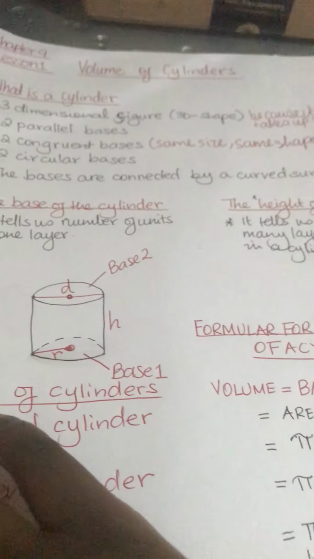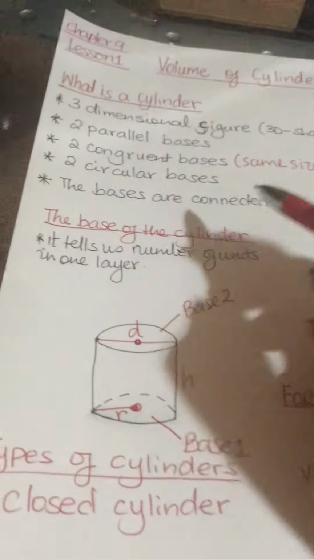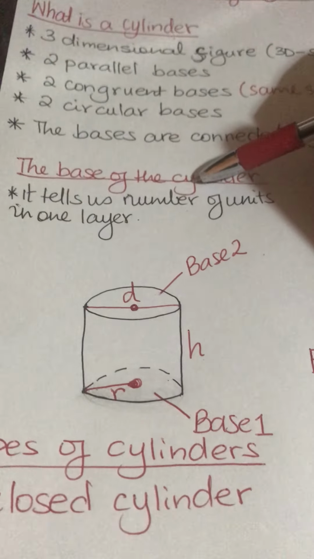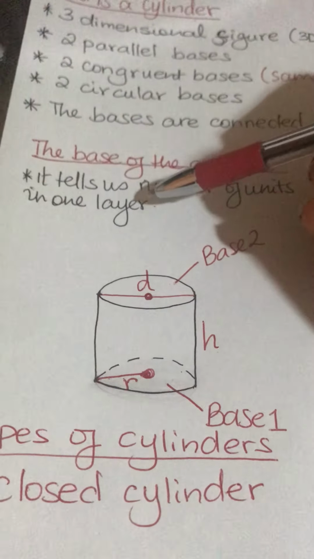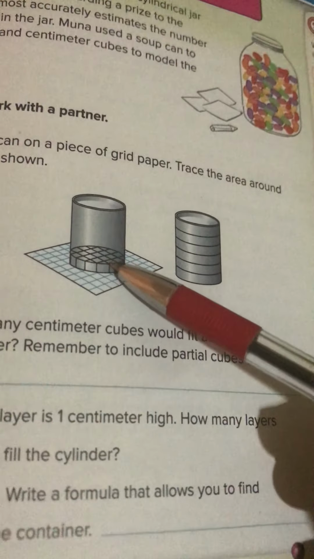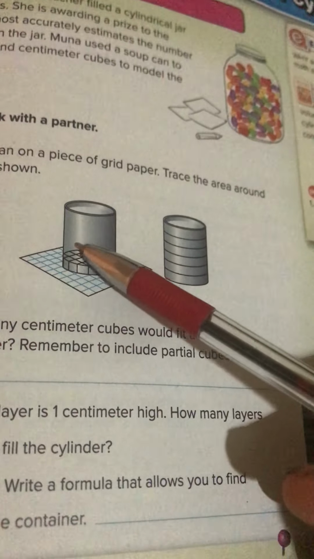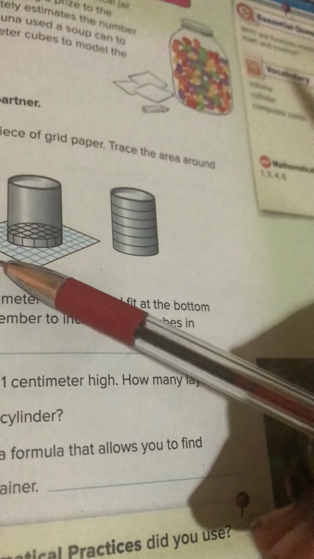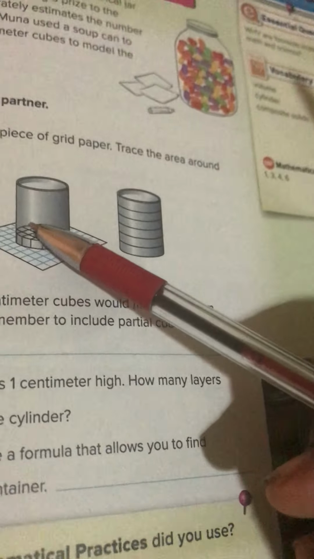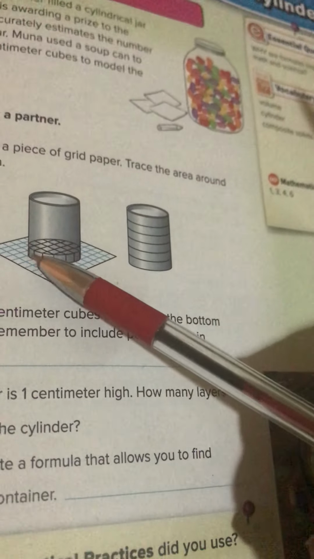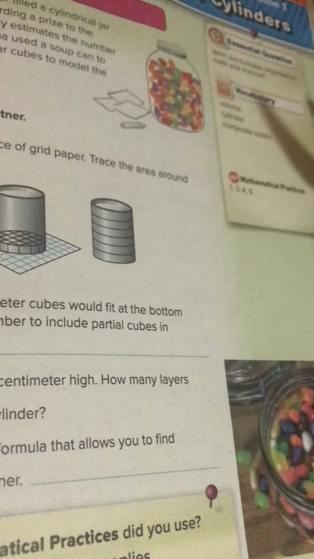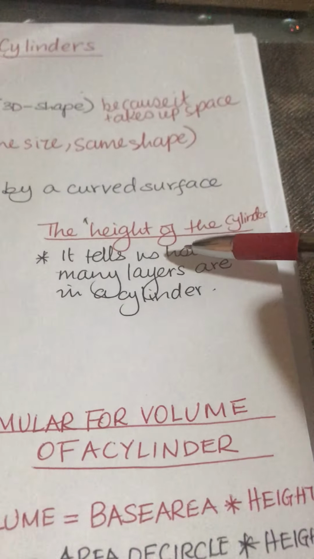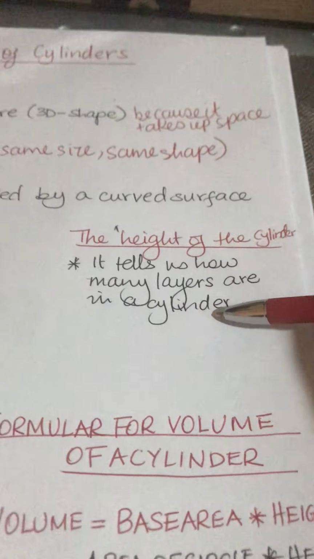Now, we have to ask ourselves, what does the base of the cylinder mean? The base of the cylinder tells us the number of units in one layer. This one tells us the number of square units in one layer. And the height of the cylinder tells us how many layers are in a cylinder.